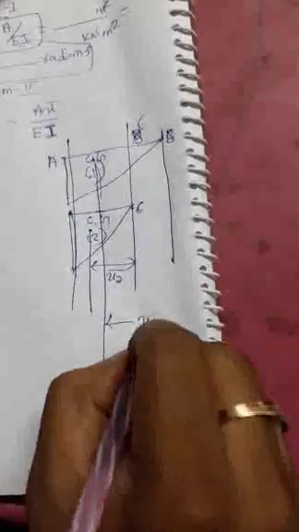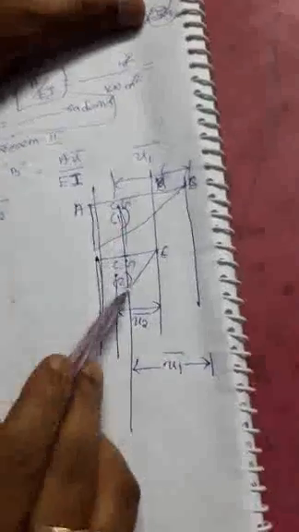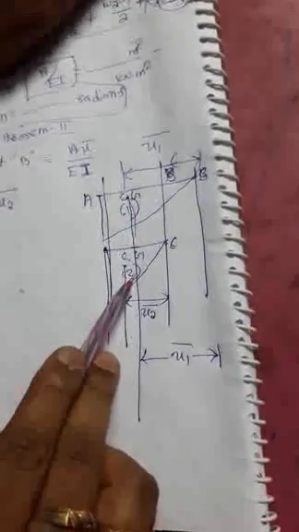So x2 bar is the distance between the center of gravity and C, the x2 bar of the second diagram. And the distance from the center of gravity of the first body to B is denoted as x1 bar for diagram 1, and x2 bar for diagram 2.